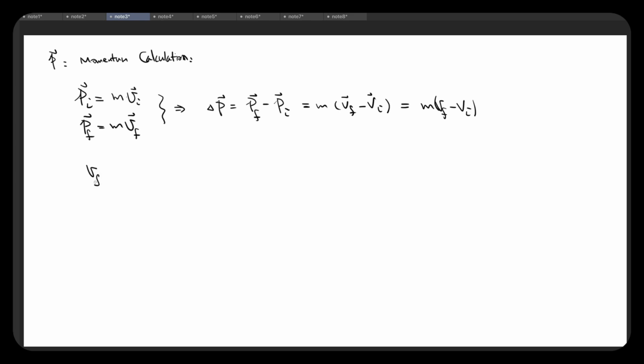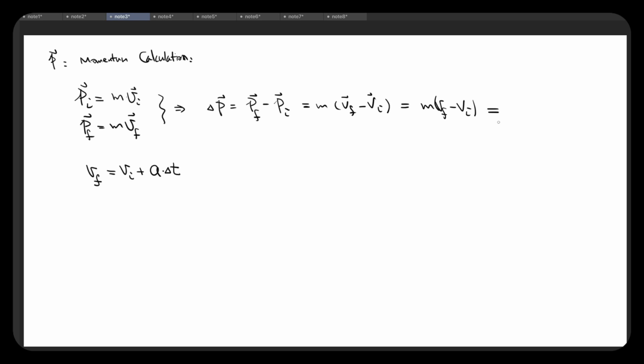So V final equals V initial plus acceleration times delta t. That's one of the important one-dimensional kinematic equations that we studied before. The final velocity is related to initial velocity plus acceleration times the time interval. So that's why I can continue with this calculation.